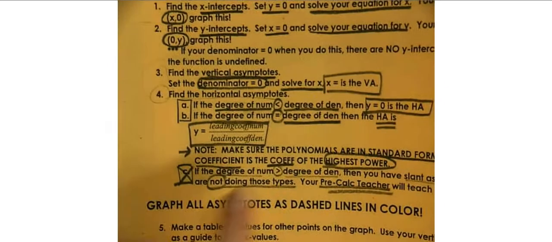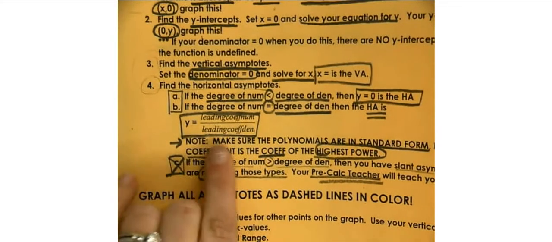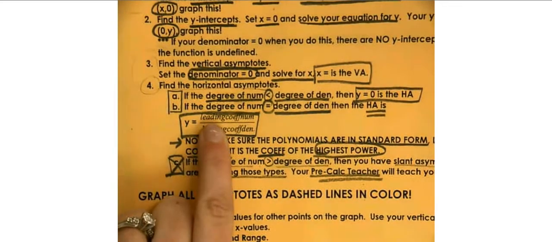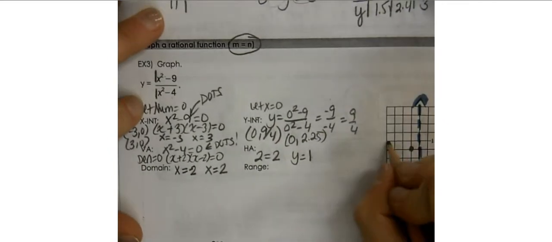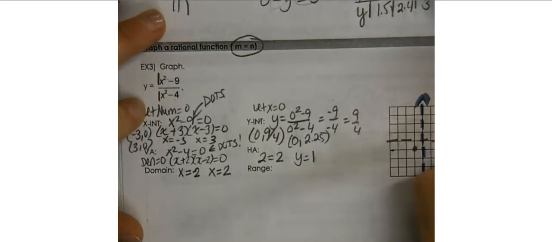Remember that if your degrees are equal to each other, you're going to divide the leading coefficient of the numerator by the leading coefficient of the denominator. And since both leading coefficients are 1, we know that 1 over 1 is 1. So that is going to be my horizontal asymptote at 1. So at y equals 1, I'm going to draw a horizontal line going straight across.